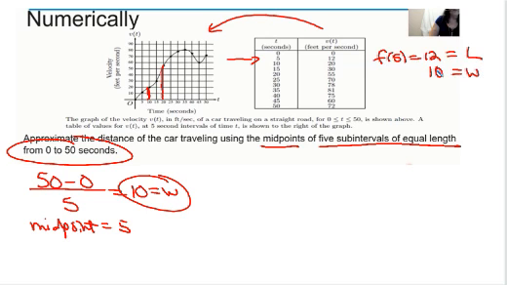So that first rectangle, 12 times 10, is 120, and so on. And then we would go through and find the other 4 and add them together. So this problem looks challenging, but because they gave me all of these midpoint values, it's actually much easier than the last one.